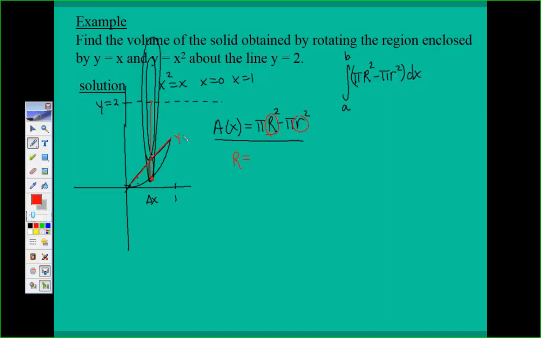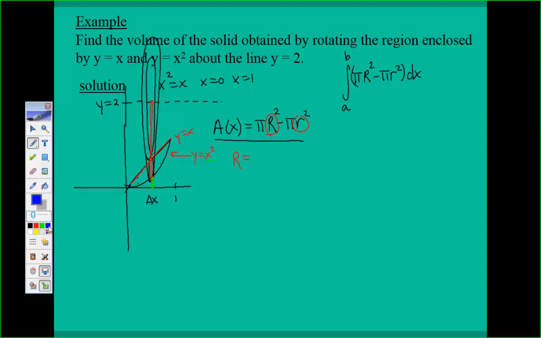This is y equals x, and this one is our y equals x squared. So we're going from the center of rotation all the way down to our x squared. If we just plugged this x value into our x squared function, we would get this distance right here.